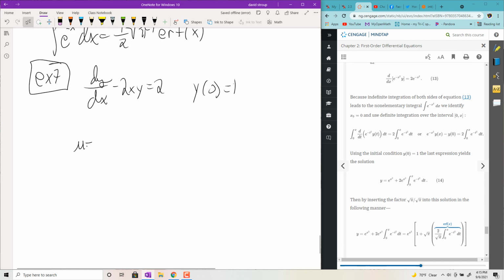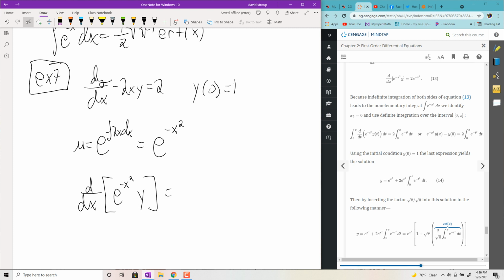So mu equals e to the integral of negative 2x, that's our p of x. And this will be e to the negative 2x squared over 2, which is negative x squared. So after all is said and done, you'll get the derivative of mu times y, and of course that'll equal 2 e to the negative x squared.